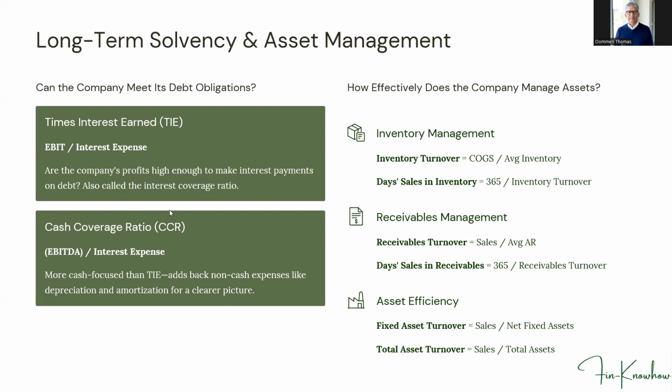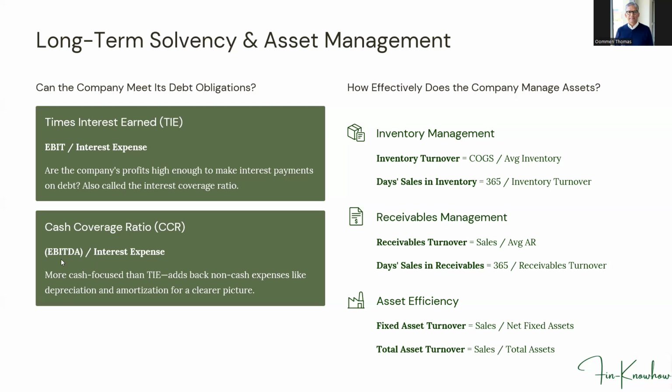As before, that ratio is called the times interest earned ratio. And as before, we tweak this ratio a little bit by adding back depreciation and amortization because they are non-cash expenses, and you get a slightly different ratio called the cash coverage ratio, which is EBITDA over interest expense. Notice that just because the name of the ratio is cash coverage doesn't mean we're talking about cash.